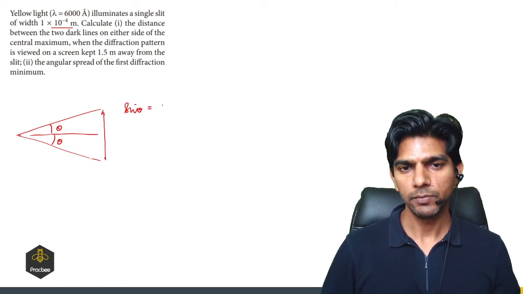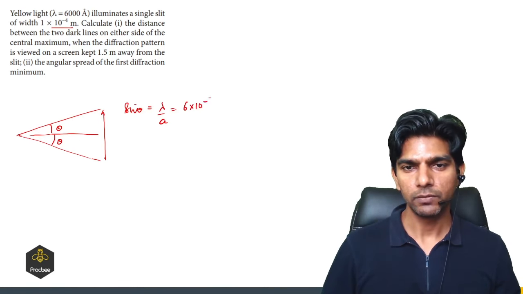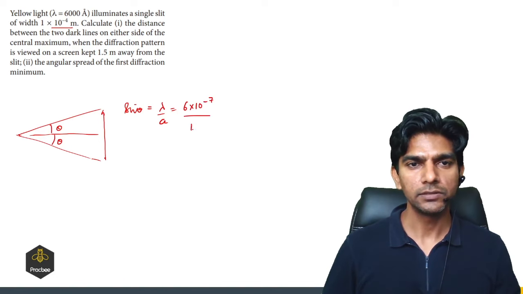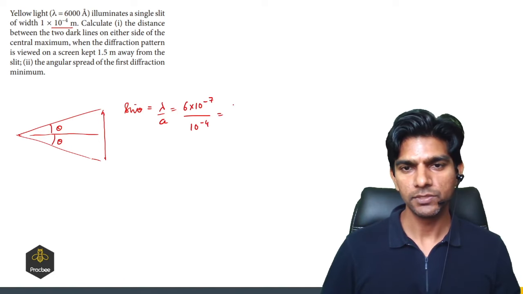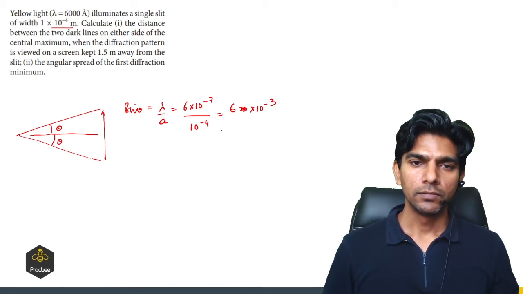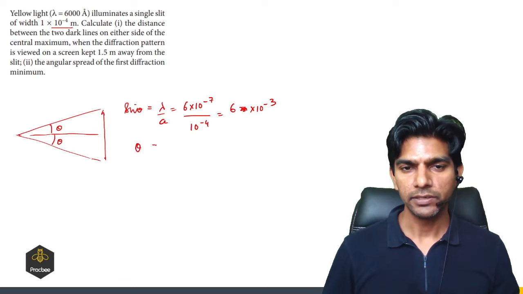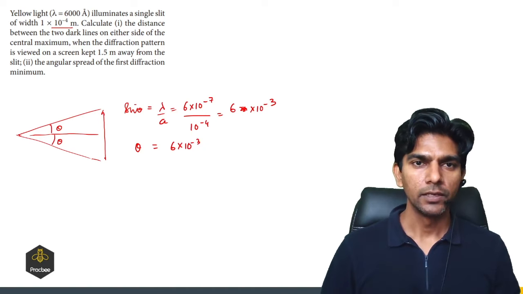Sine theta will be lambda by a. Lambda is given as 6 into 10 raised to power minus 7 and a is 10 raised to power minus 4. So this comes out to be 6 into 10 raised to power minus 3. Right? Since theta is small, we can say sine theta can be written as theta. So it will be 6 into 10 raised to power minus 3 radians.